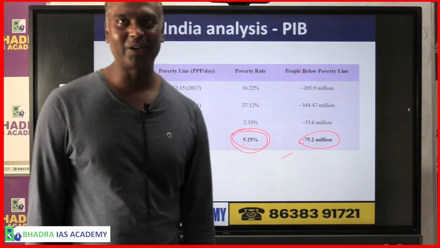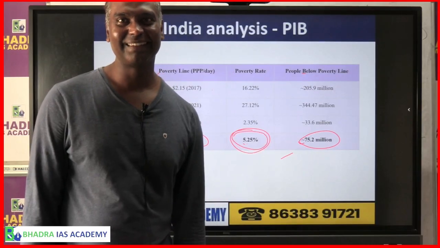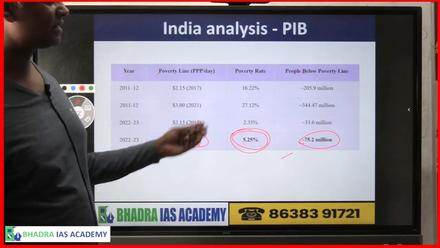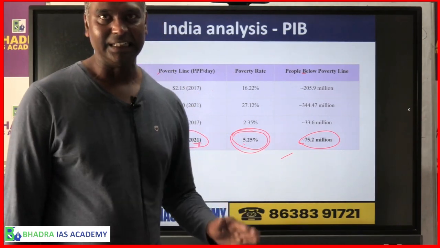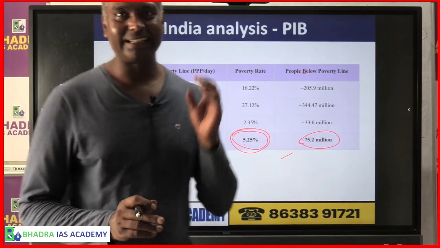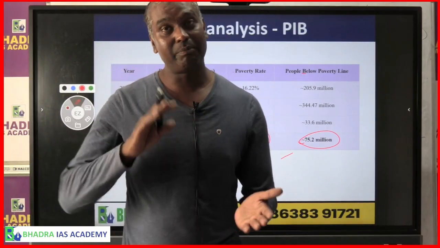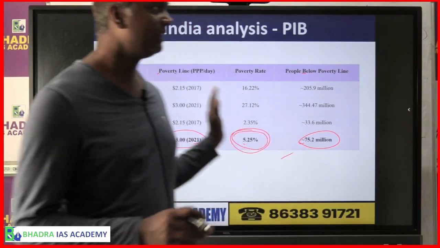That means in crore, if you calculate, it will be 7.5 crore only. Okay, so that says that poverty has considerably reduced in India. So this is the current affairs update on the international poverty line, and based on that India में अभी poverty कितना है उसका ये analysis है.